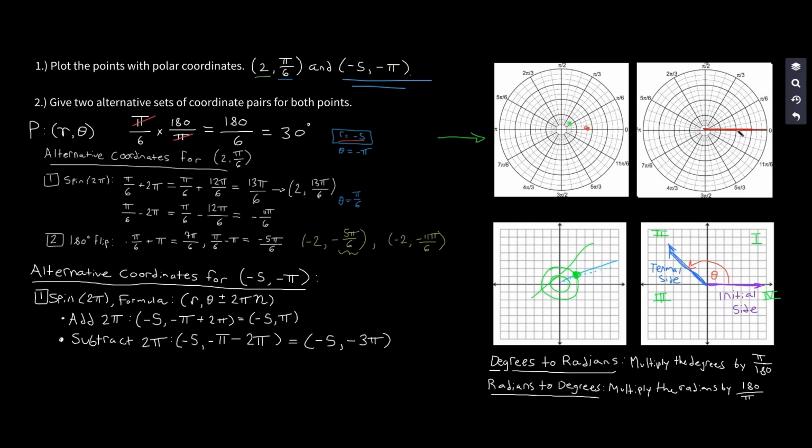Since it's -pi, we're going to go clockwise 180 degrees, but then we're adding positive 2 pi. So here's 1 pi right here, and then here's 2 pi right here. We're doing a full revolution, but we're still along this line here. Because r is set to -5, we're not counting from the pole in this direction.